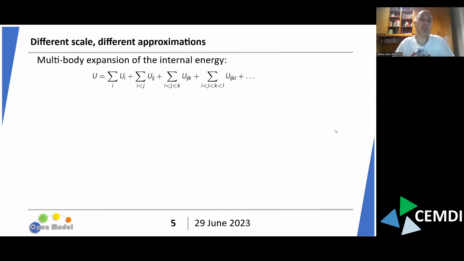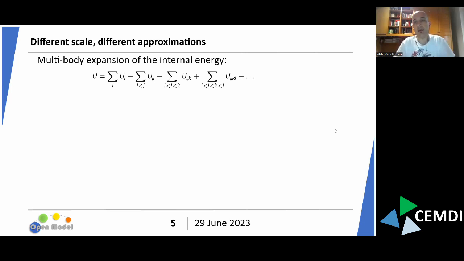So even if we remove the electronic structure from the system, we can still break the energy down into the self-energy of the particles, their pairwise interactions, their 3-body, 4-body interactions, and so on.